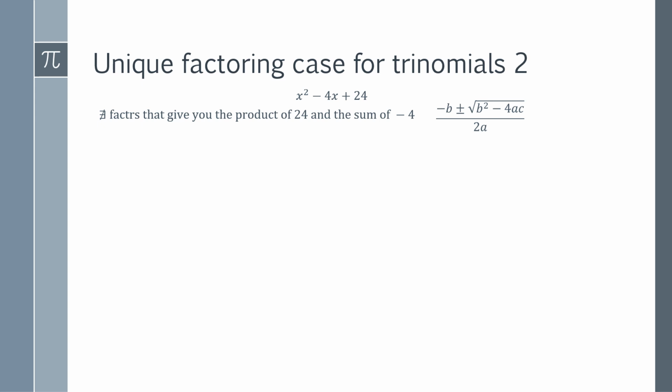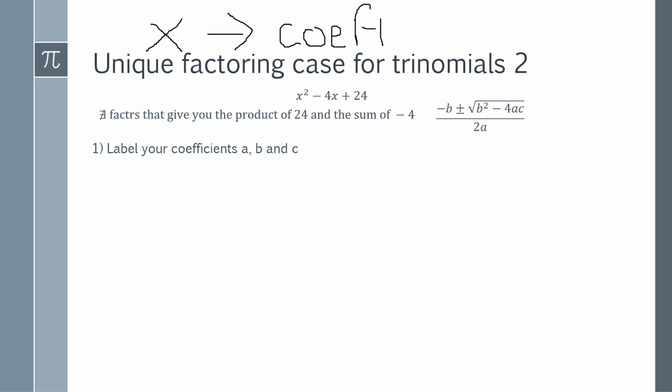Now, you've got to put stuff in place. So, like we did in the past, let's label it. Before I continue, please be mindful and know that when you see x by itself, it will always have a coefficient of 1.